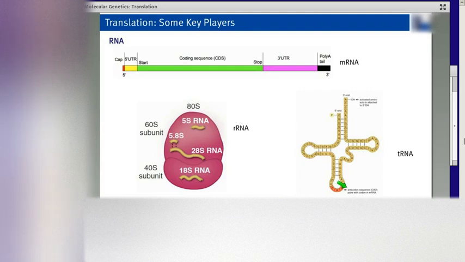So this tRNA is going to swing by and it's going to read the codon. If it recognizes a match between the codon on the mRNA and its own anticodon, then we will get the amino acid. But if it doesn't match, it's going to keep on rolling and another tRNA is going to come through. That's how we're bringing amino acids to the mRNA to make a fully functional protein in the end.